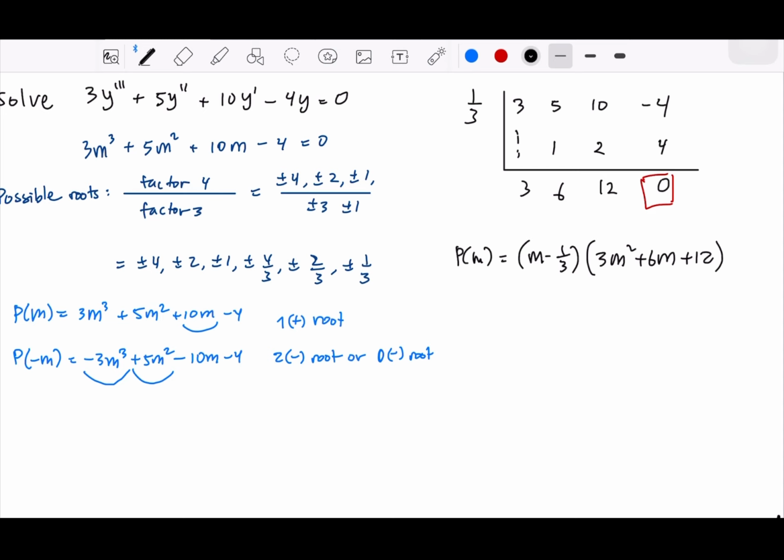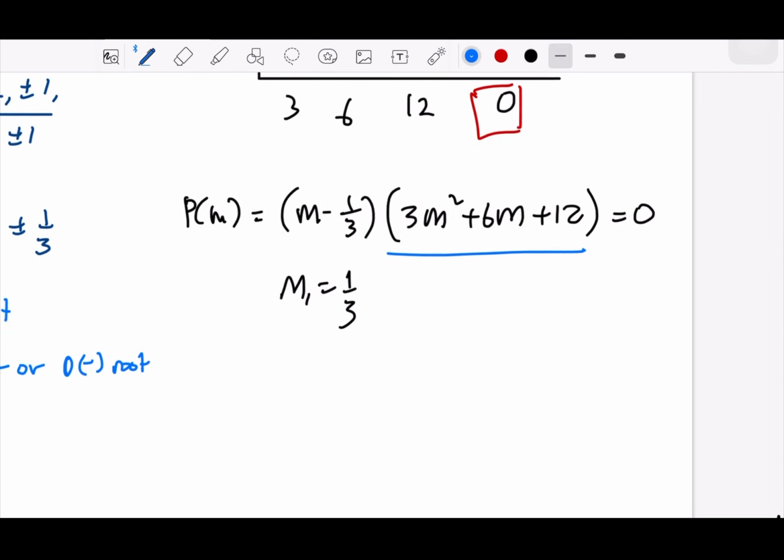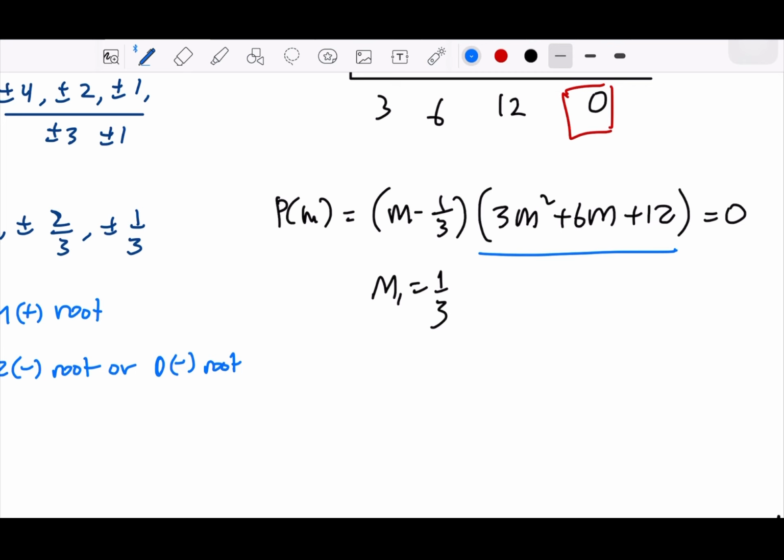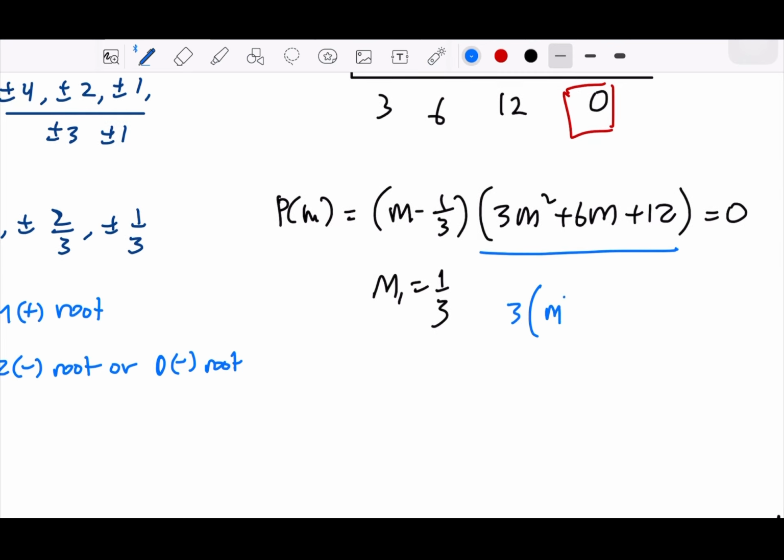Now if we want to find the root by equaling this to 0, m1 is 1 over 3, and then this part here we are going to find. So we are going to get 3. Let me factor out this.